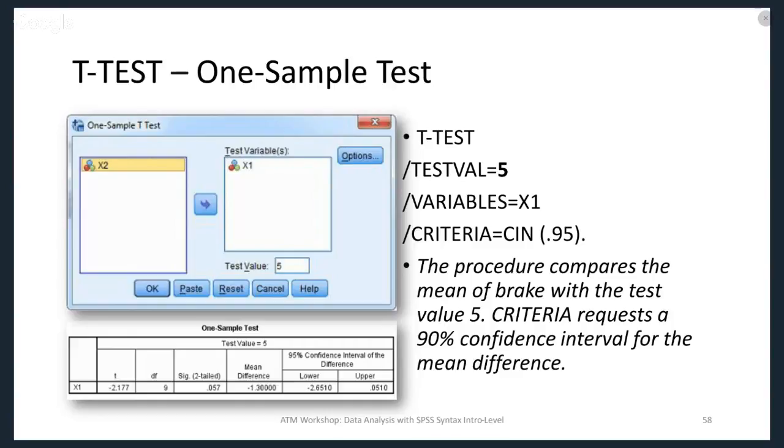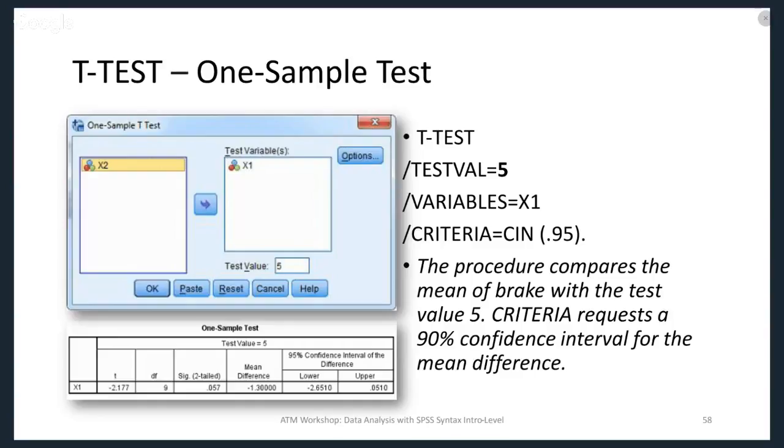If this 95 confidence interval computed by SPSS does not contain the hypothesized value, we will reject the null hypothesis. Now, what is the null hypothesis? The population mean of x1 is equal to 5. That is the null hypothesis, right? So, okay, nice review.